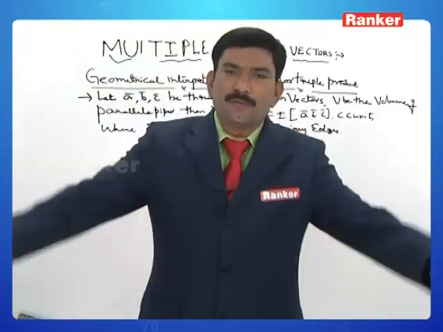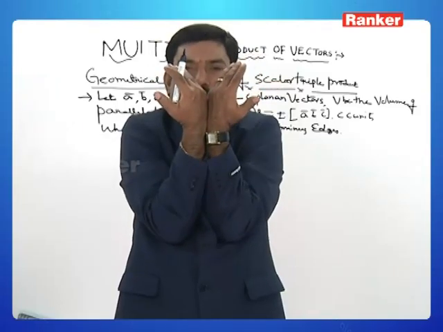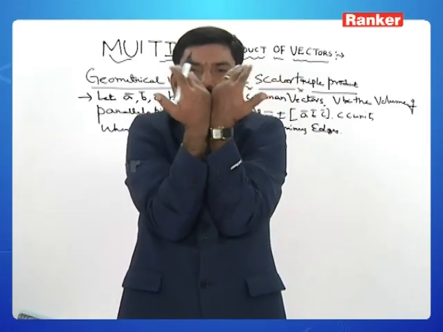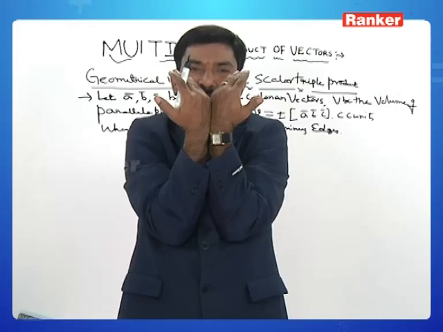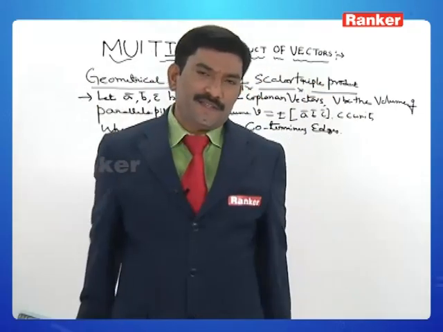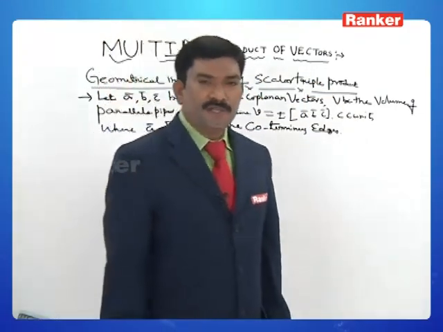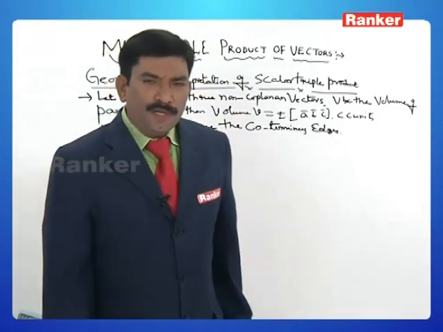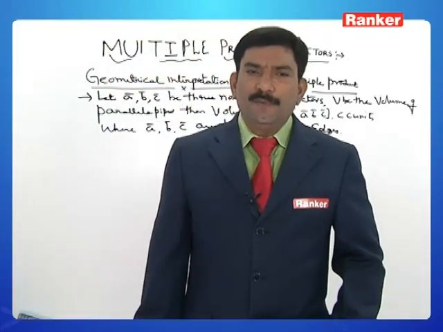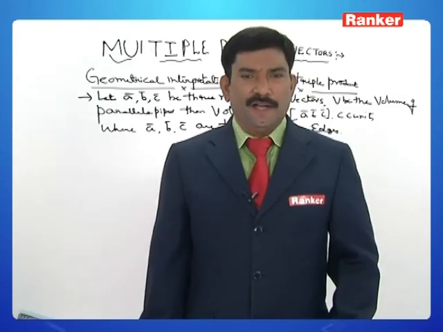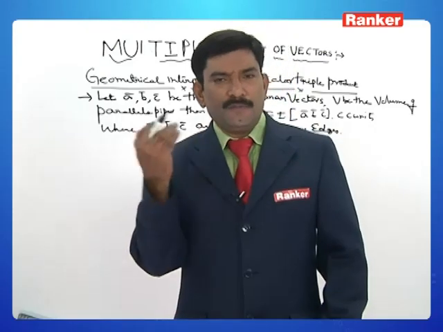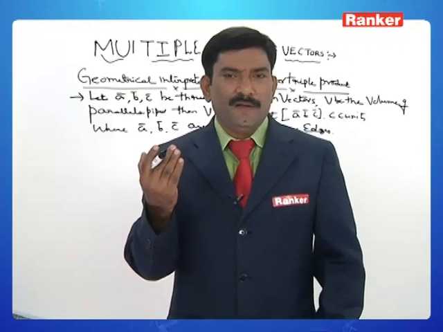Now what are coterminous edges? Like this. Every such edge in three dimensions, we call them coterminous edges. Okay, sir, you told A bar, B bar, C bar are coterminous edges of a parallelepiped.